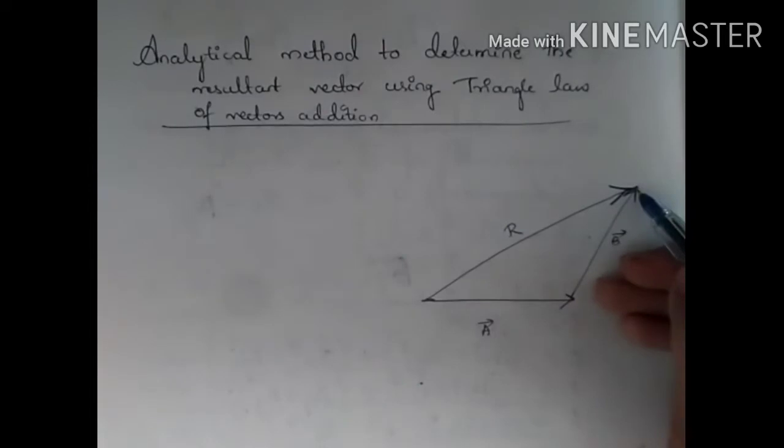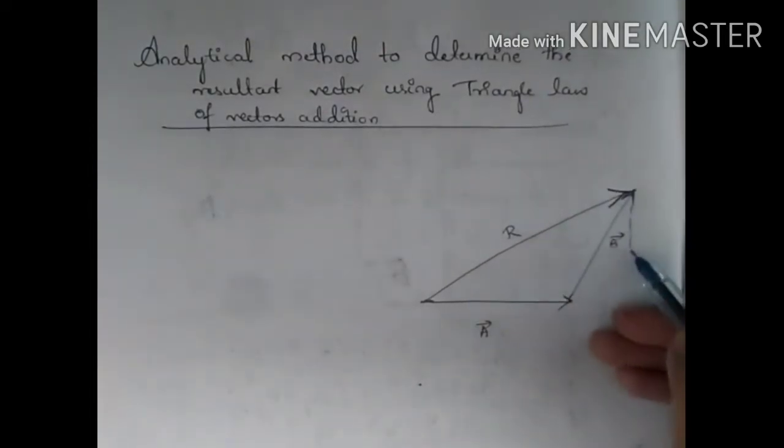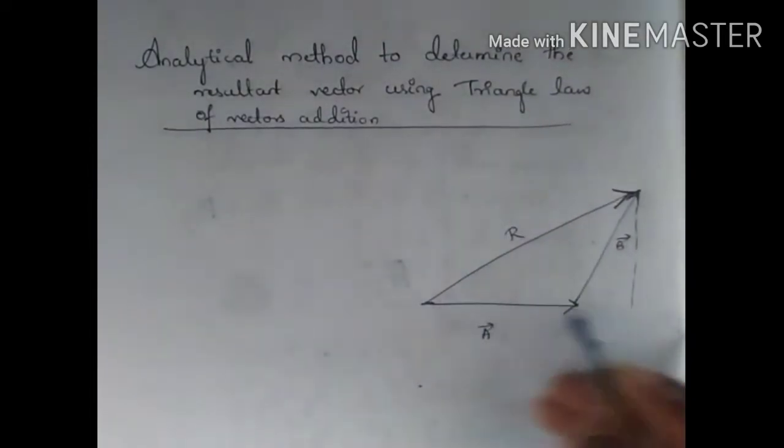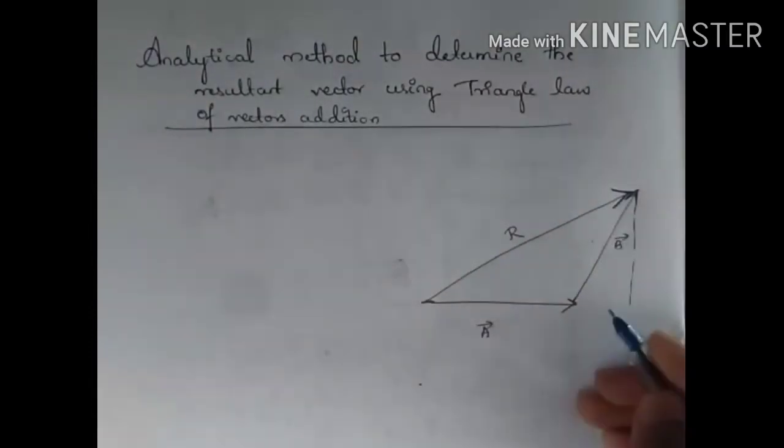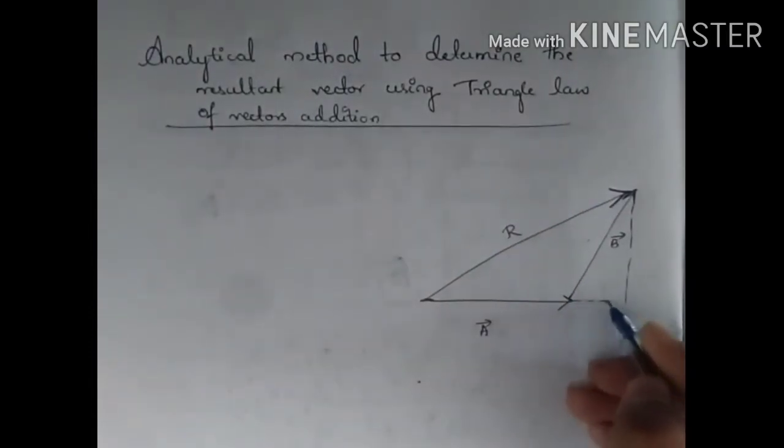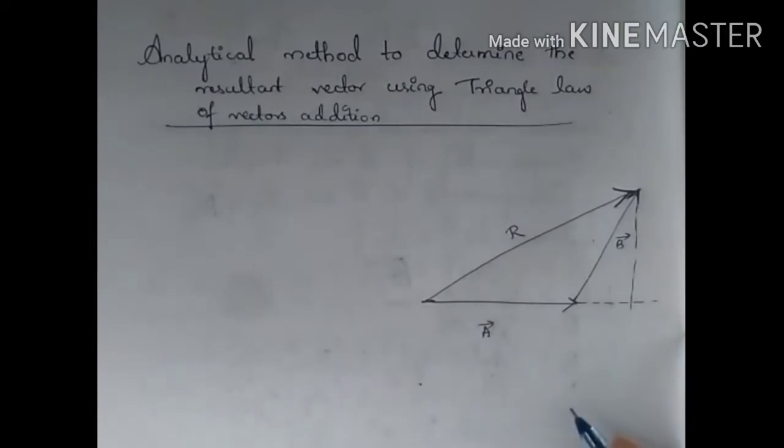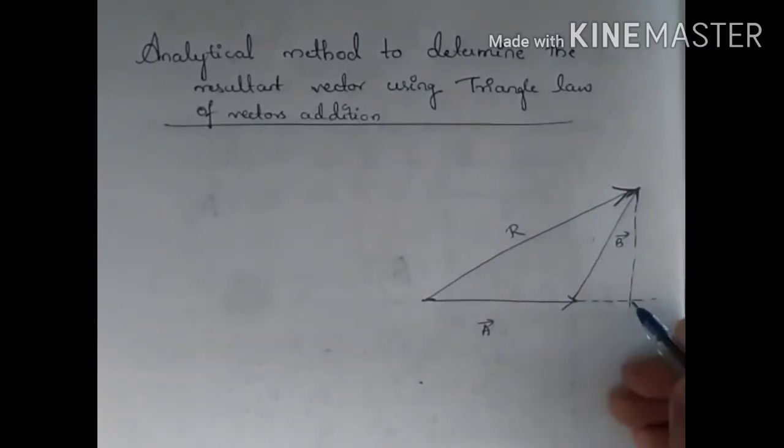Now draw the line which is perpendicular to the axis of A. So now this vector also, if you extend, then these two lines meet at a point.